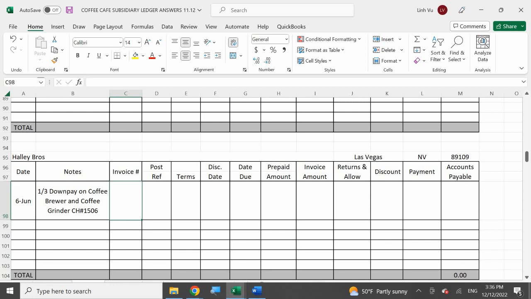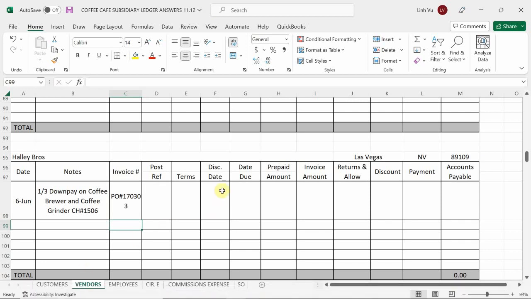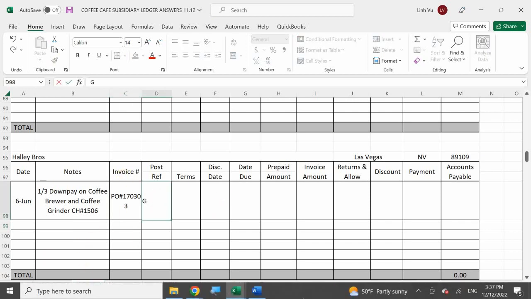Your check number. That too, but also, how did the number get calculated? It got calculated because I had a purchase order, right? So in this case, I did have proof of a transaction was that the 170303 was the proof that I ordered my coffee brewer and coffee grinder for those amounts, and that's exactly what it came out to be. Post reference, once again, is General Journal page 2.